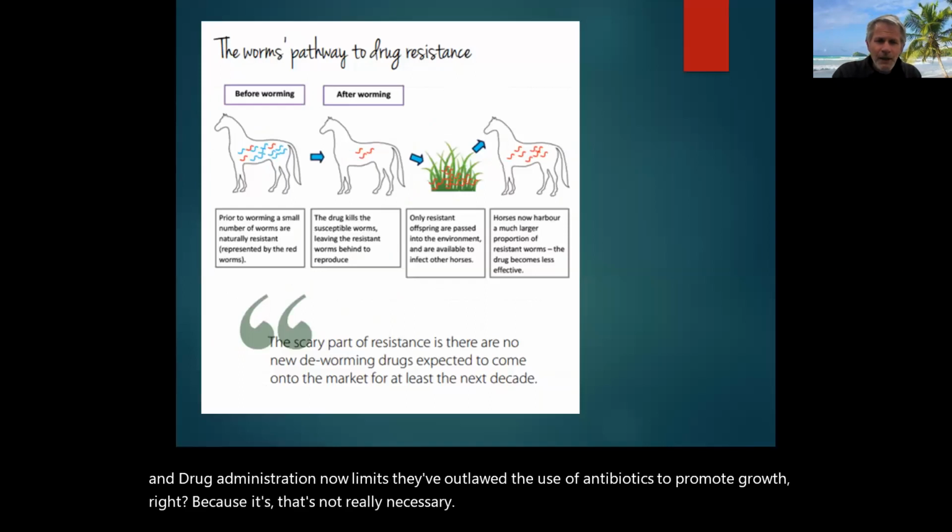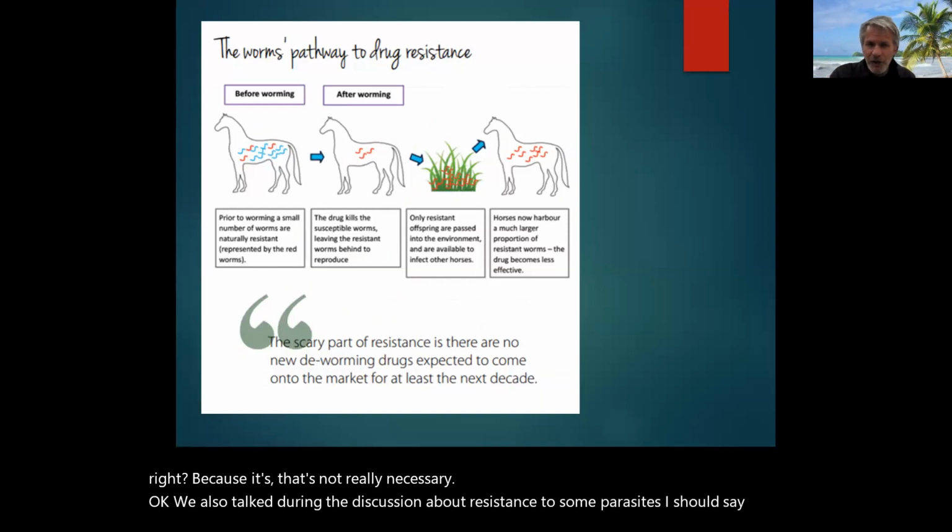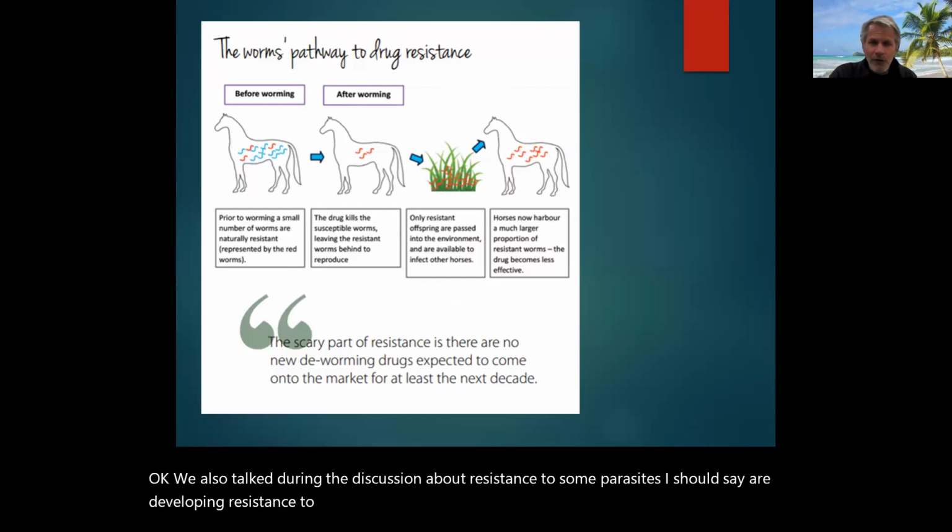Okay. We also talked during the discussion about resistance to some parasites. Parasites, I should say, are developing resistance to dewormers. The Dirofilaria immitis, that's the heartworm, is developing some resistance.